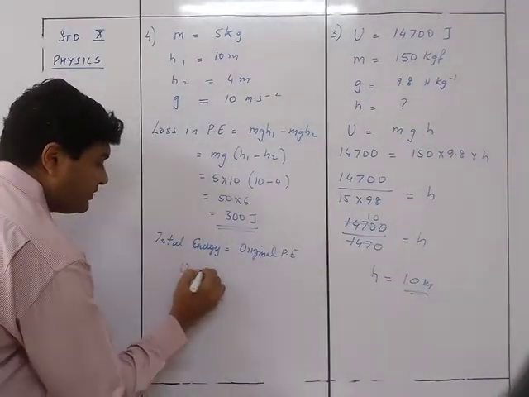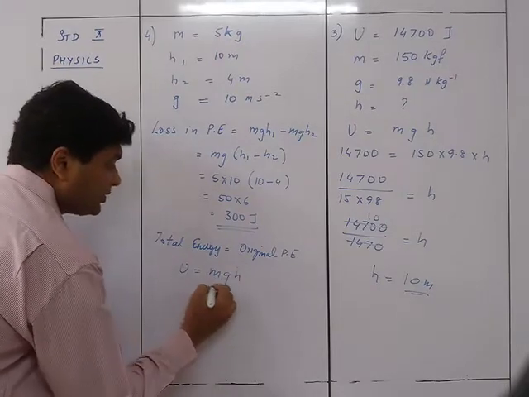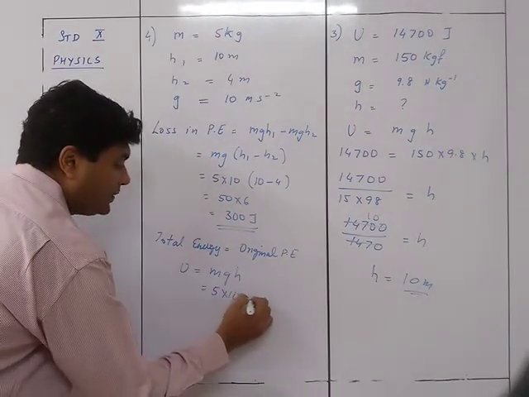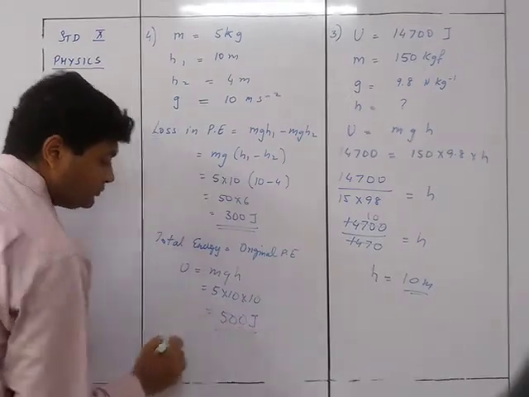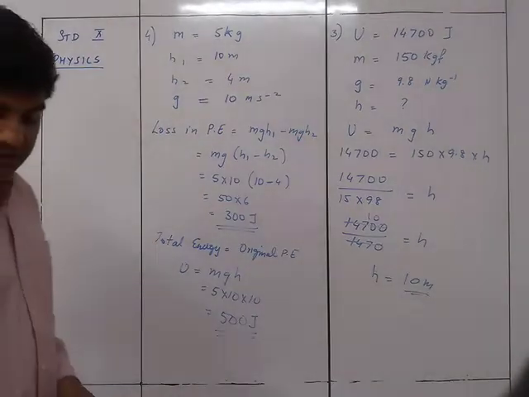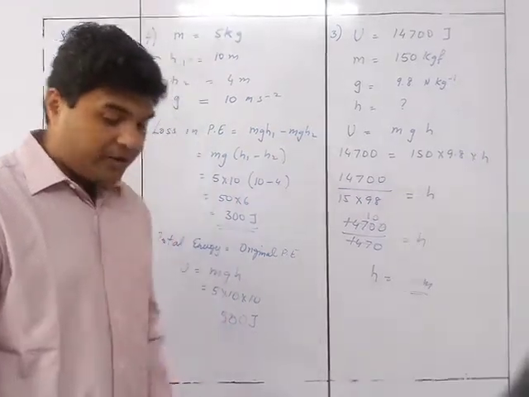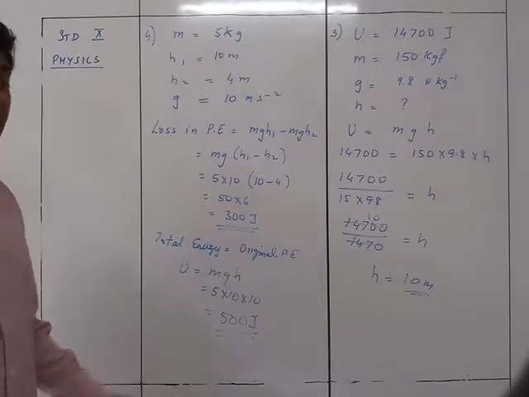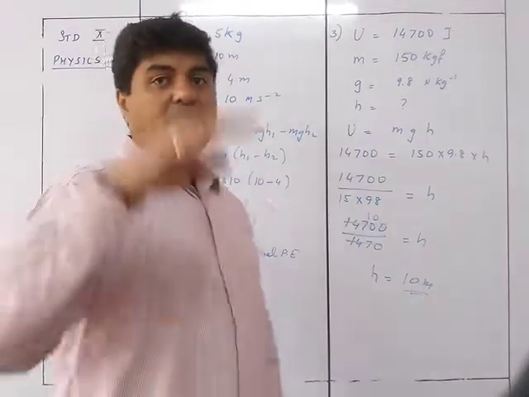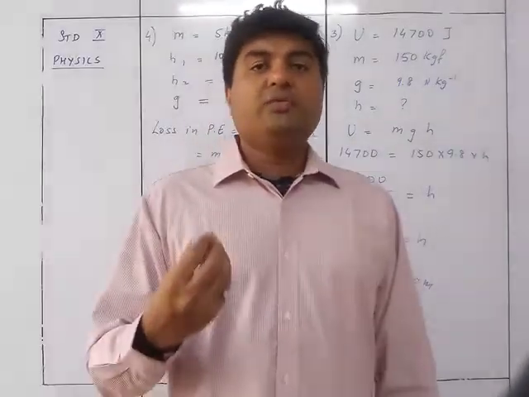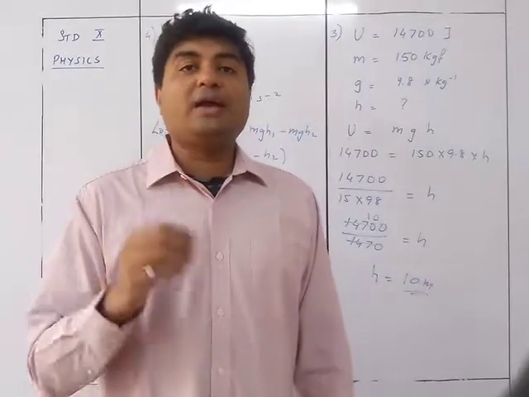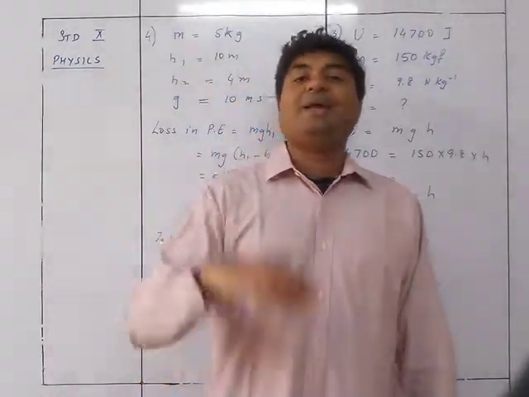That is U is equal to mgh is equal to 5 into 10 into 10, that is 500 joule. So the total energy possessed by the body at any instant will be 500 joule, because whenever it is falling or anything is happening, it is just the original potential energy which is going to be the total energy possessed by the body at any instant.